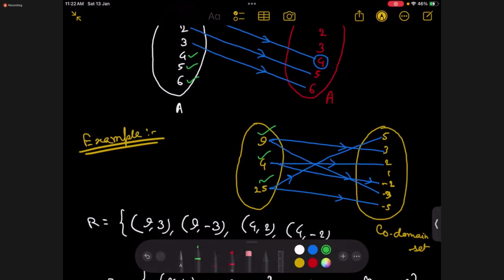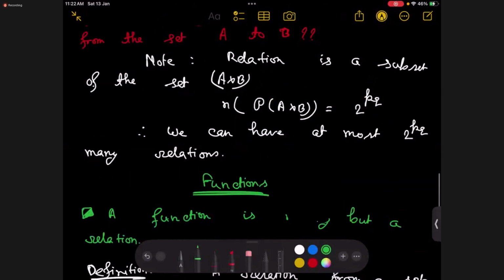In this case, we have images of all the elements in set A, but we have extra images, like one element has two images. That is not possible for the definition of a function.